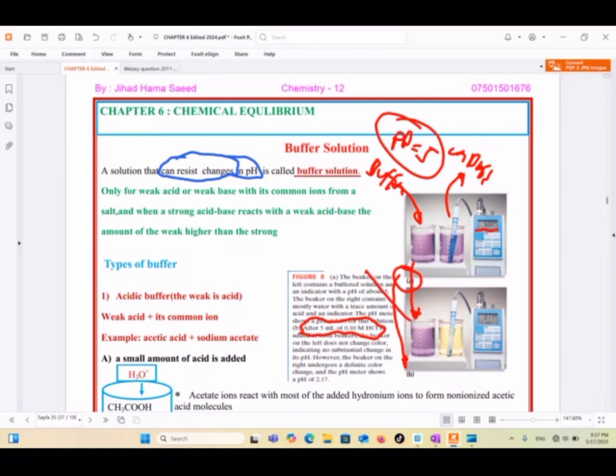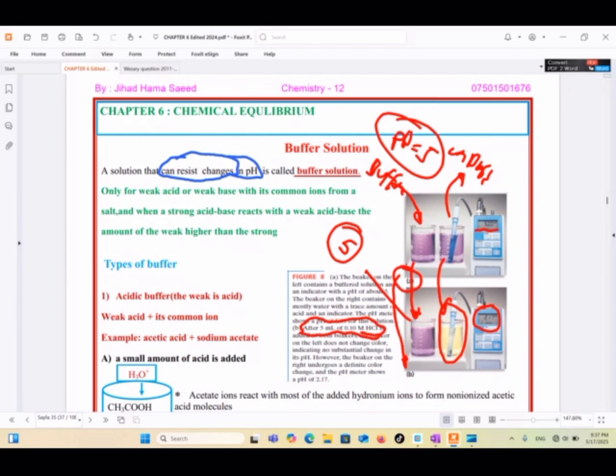The pH stays almost 5 while we add an amount of acid into it. But the one to the right, the color of the solution changes and the pH dramatically reduced to 2.17. This is the effect of the buffered solution, or the difference between buffered and unbuffered solution.